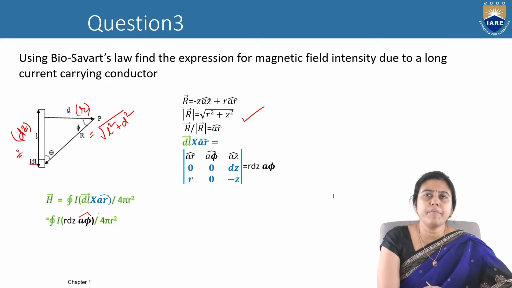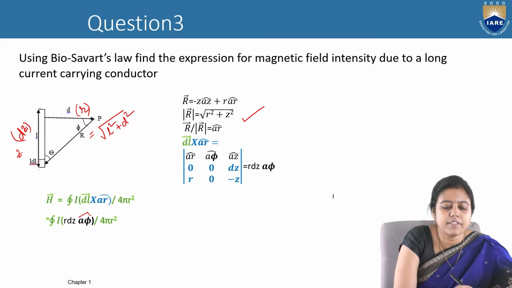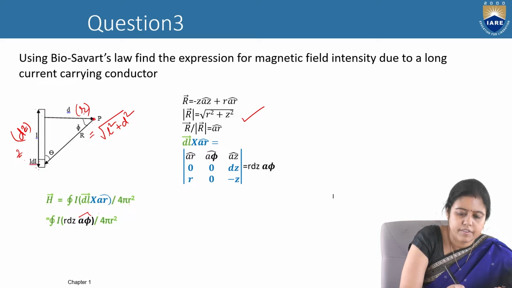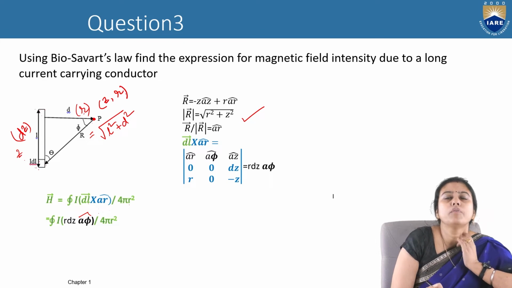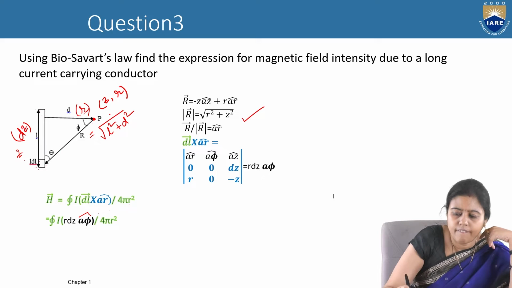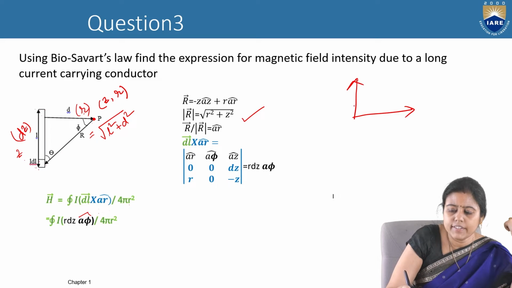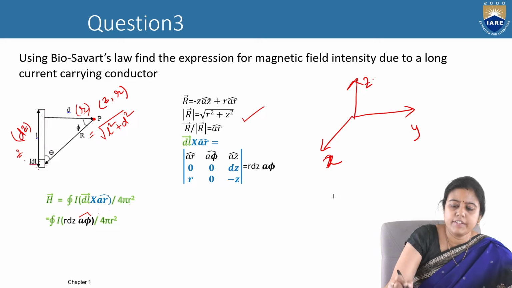Now, what is the capital R vector? Capital R is equal to z az. If the distance is Z, it is z az plus, if it is r, r ar. If it is in 2D, we take this as our x-axis, this as our y-axis, and this as our z-axis.